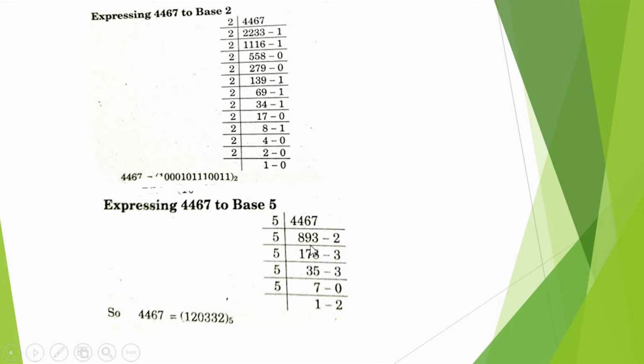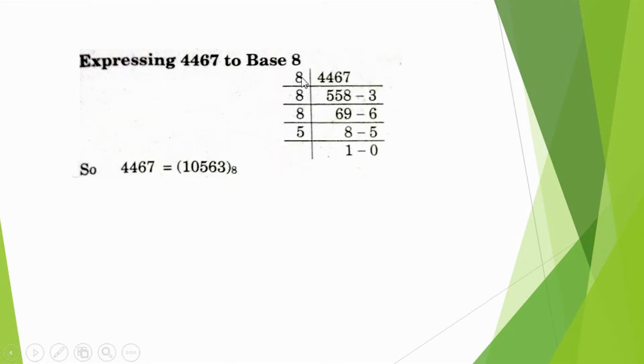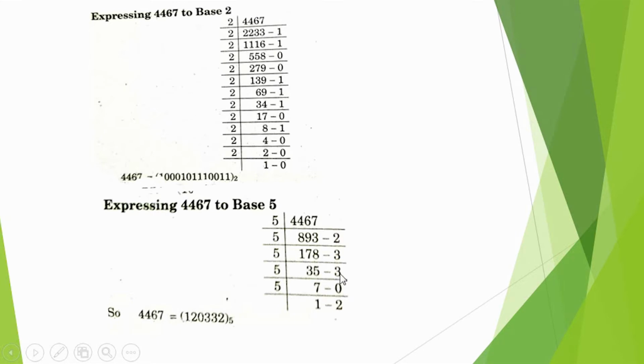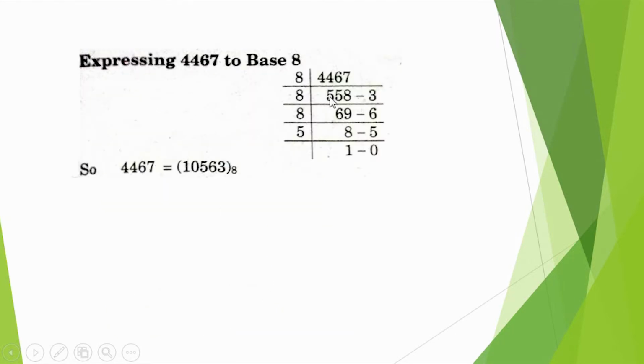Now 5 1s are 5, 9 becomes 19, 9 becomes 39. 5 7s are 30, 5 and 3 becomes 43. 5 8s are 43 carry. Now 5 3s are 15, 2 becomes 28, 5 5s are 25, 3 carry. 5 7s are 35, 0 carry. 5 1s are 5, 2 carry. 120332 in base 5.